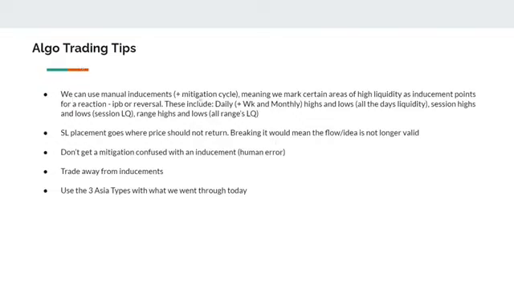And just to finalize some trading tips, we can use manual inducements with a mitigation cycle, meaning you can mark areas of high liquidity as potential inducement points for a reaction, such as an inducement pullback or reversal.